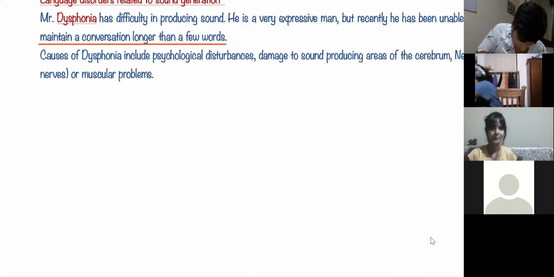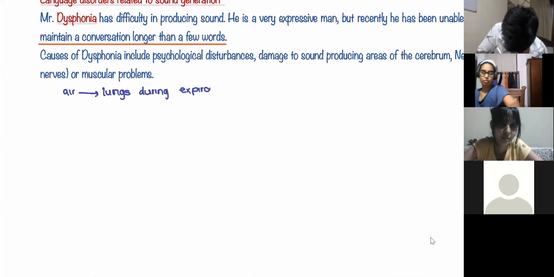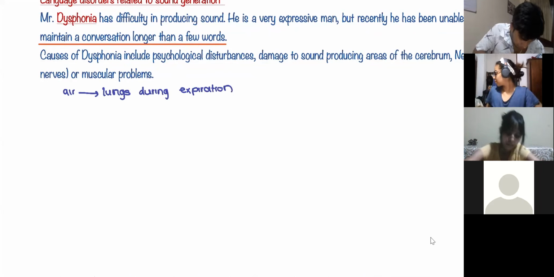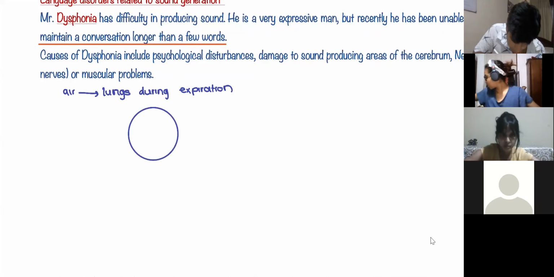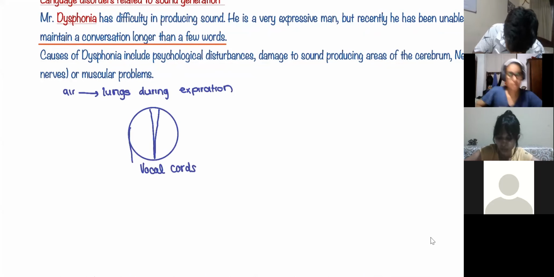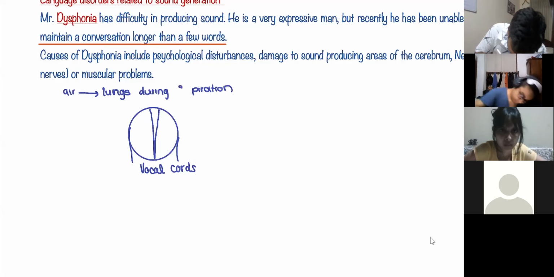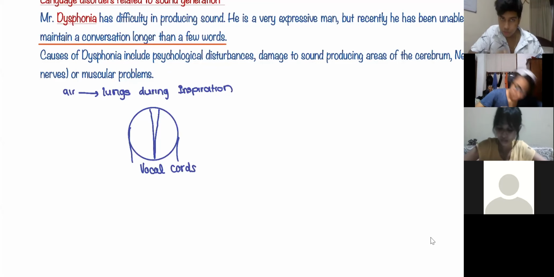Now what happens here is, air is going to go to the lungs during inspiration, and the vocal cords are close to each other.